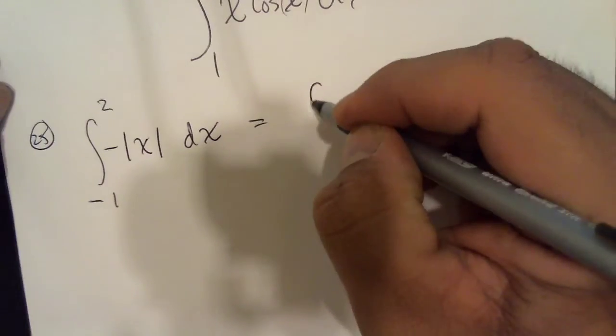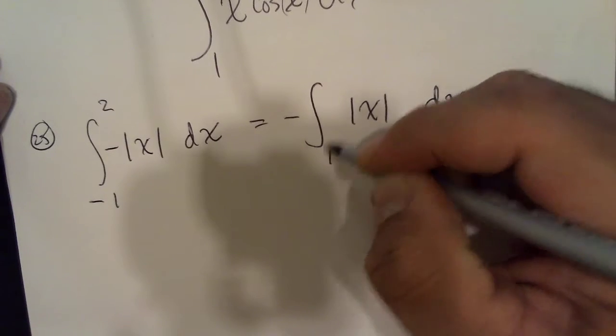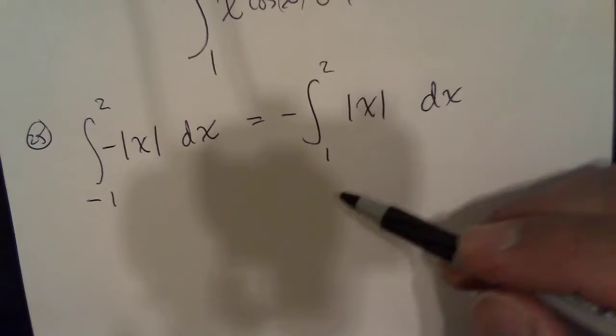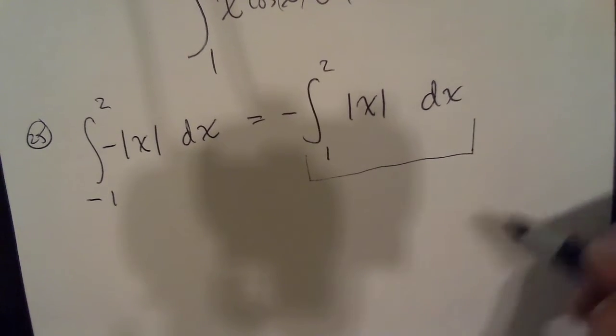Okay, and I'm going to rewrite it like this. And again here they just ask us to use geometry, so not Riemann sums or anything. So setting this up, I'll just take a look at here.